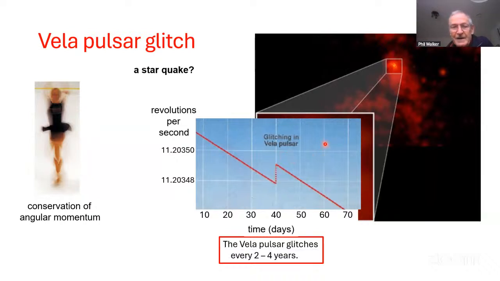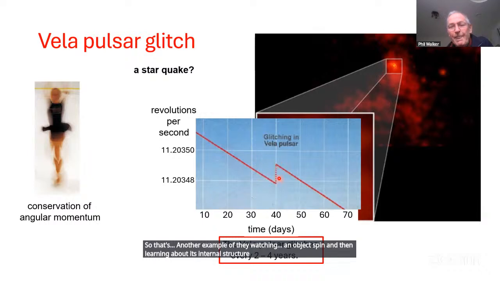So that's another example of watching an object spin and then learning about its internal structure from the spinning behavior.